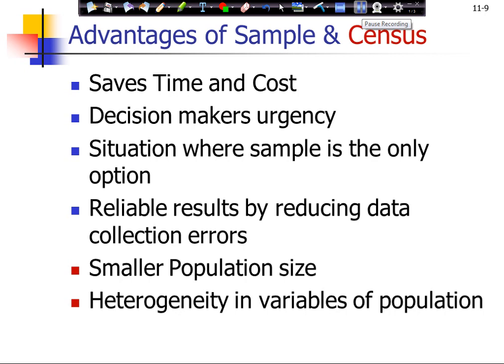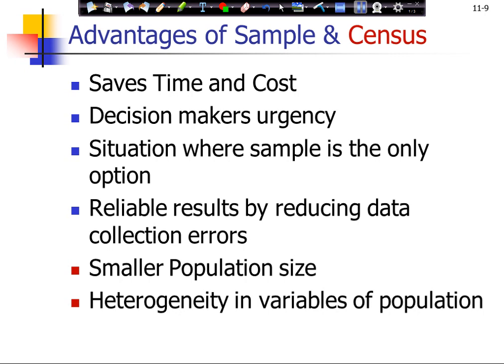Let's look at the third advantage of considering sample. There are situations where a sample is the only option. When we want to estimate the average life of fluorescent bulbs, they are burnt out completely.